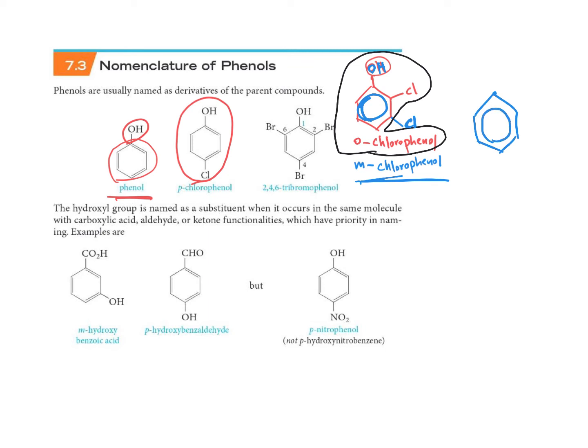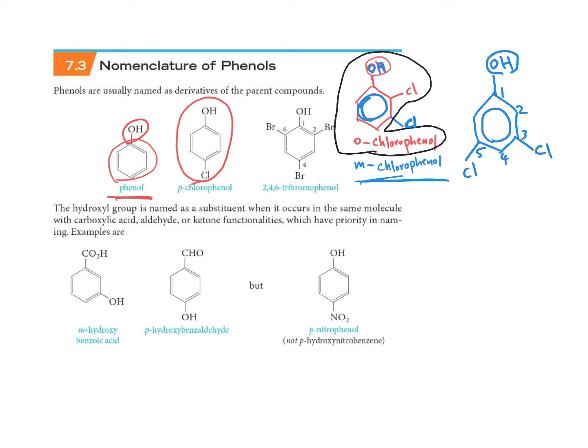So what about, for instance, this structure? How would I name this one? 3,5-dichloro, right? Exactly. We said when we have more than 2 substituents, we cannot use meta-ortho-para because it doesn't make much sense.